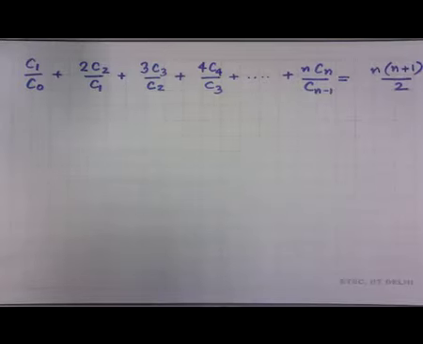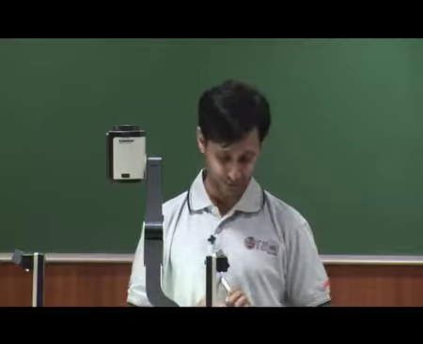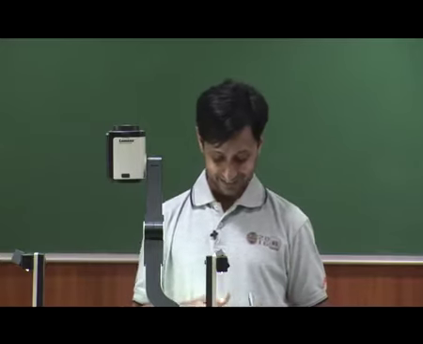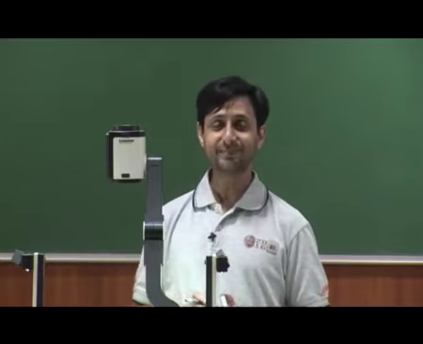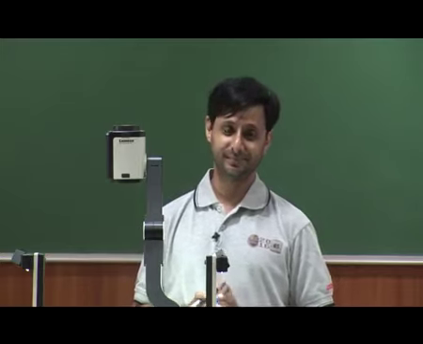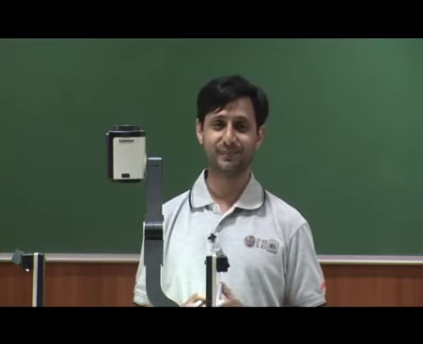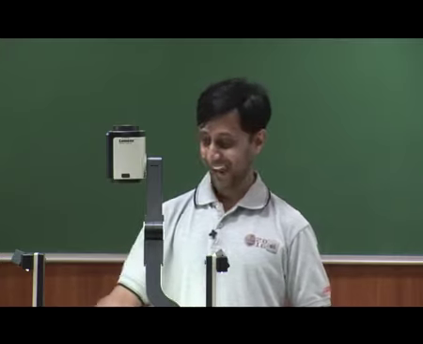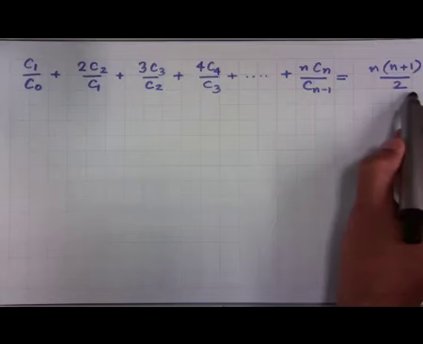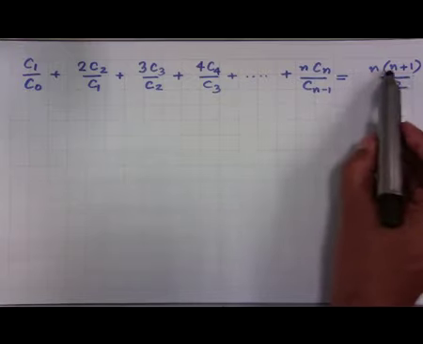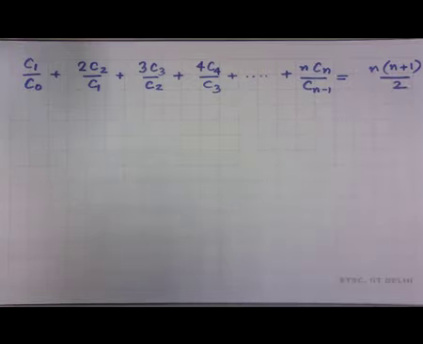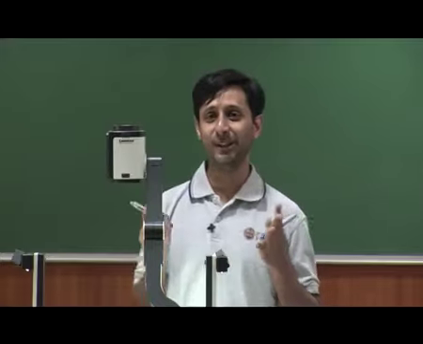Okay, how are you going to do this? This actually is not that hard. How will you do this one? Any guesses? The answer is n into n plus 1 by 2. That is a very familiar answer, so there is a clue there.